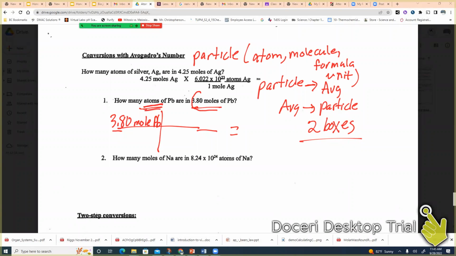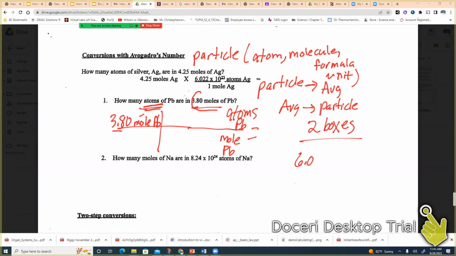And I want to convert it to atoms of lead. All right. So I follow my units. If I'm moles of lead here, I have to be moles of lead down here. So now we're ready for Avogadro's number.